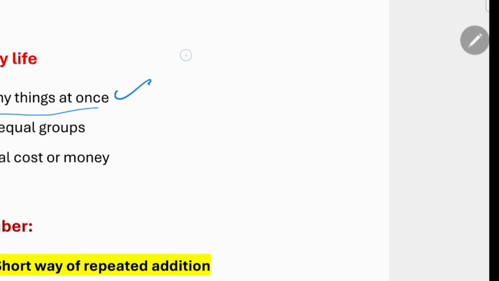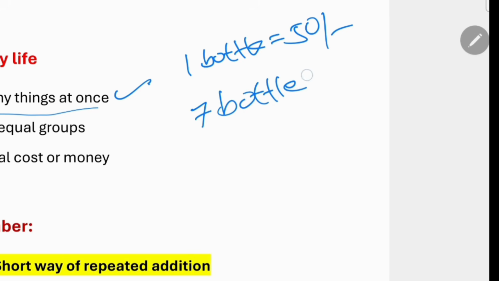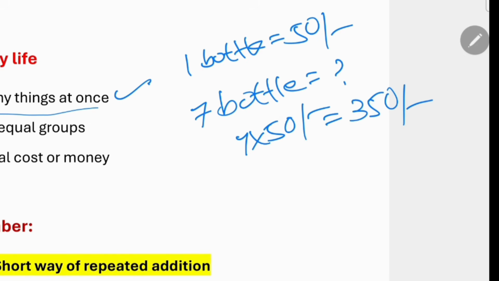Here, one bottle cost is equal to 50 rupees. How do you solve it easily? We can use multiplication. Therefore, 7 into 50 rupees is equal to 350 rupees.